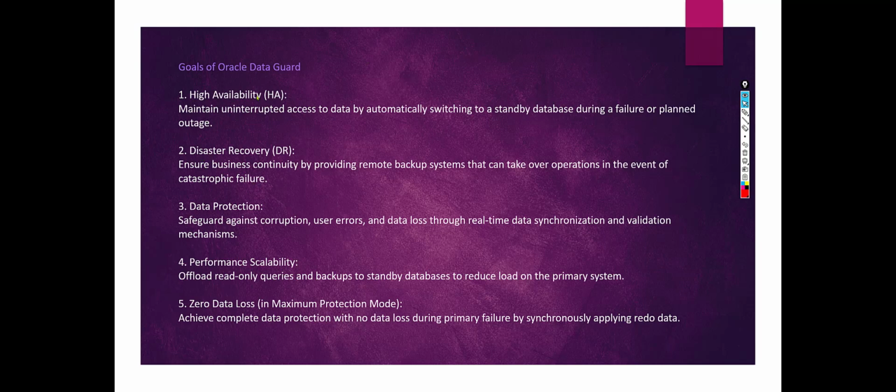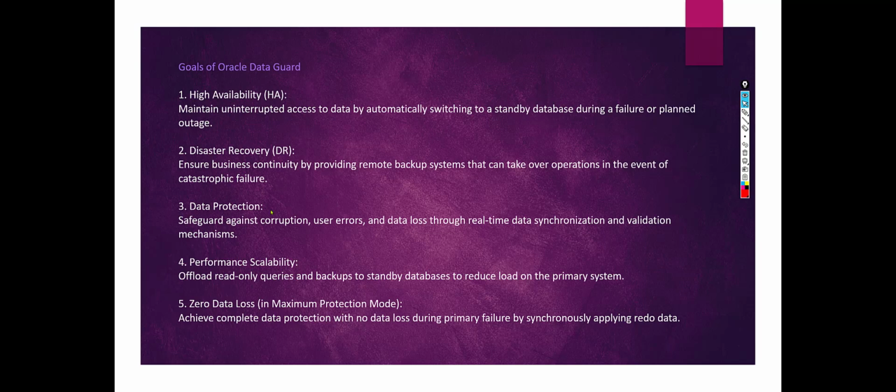So high availability will be provided by the normal physical standby database, and for disaster recovery we can go for failover situations, like if there is an earthquake and the production system fails, then we can swap it to the standby. So standby becomes production.